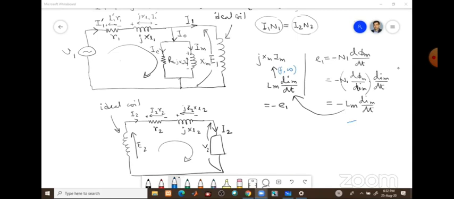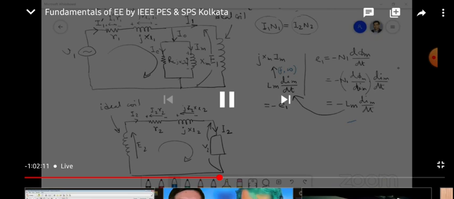Up to this, we have obtained the primary equivalent circuit and the secondary equivalent circuit, but we should have only one. That will reduce our job to a great extent when we go for a larger power system network having 1,000 transformers. Is that clear?